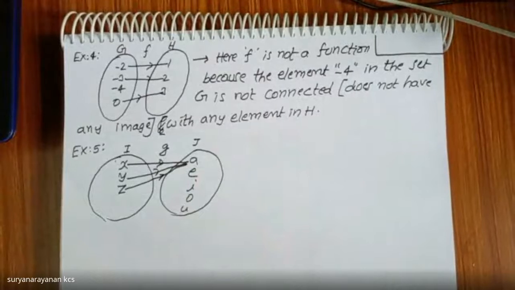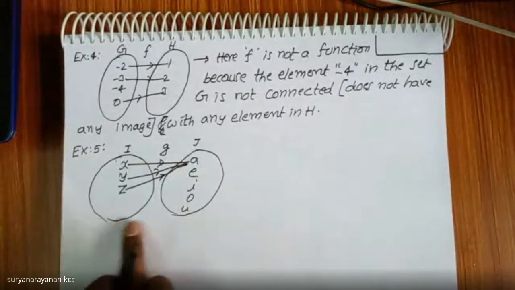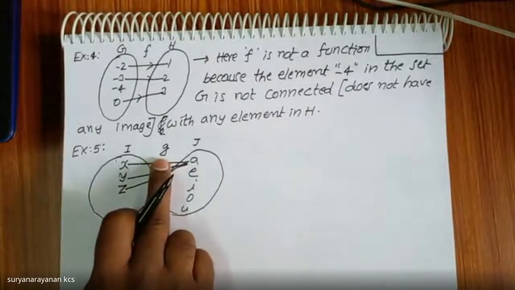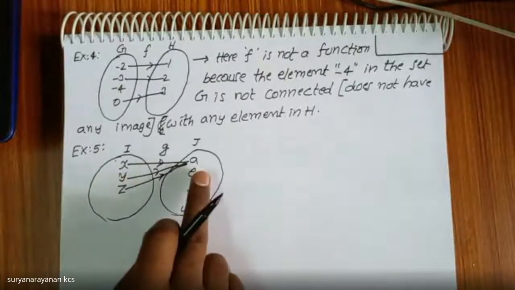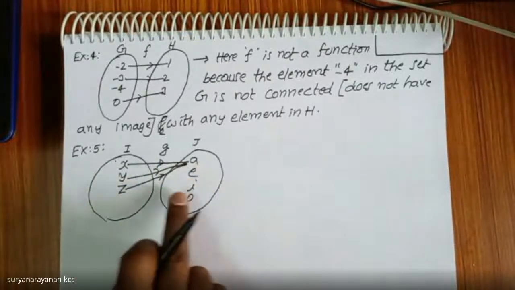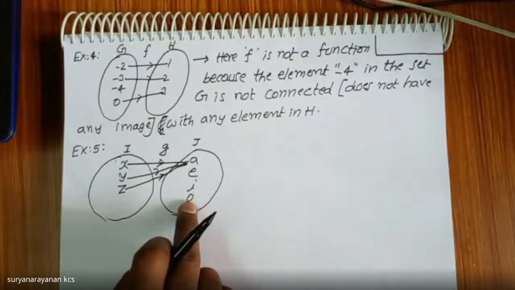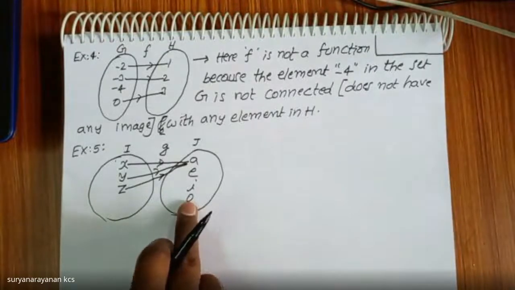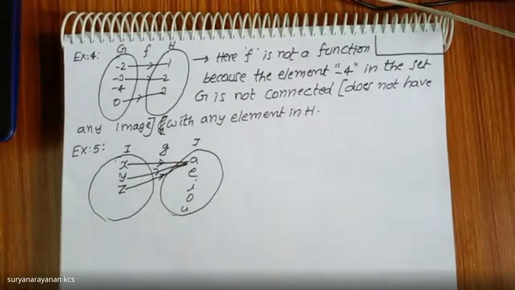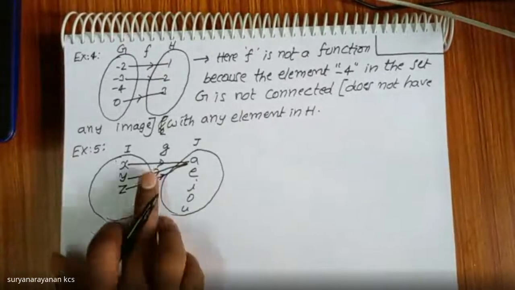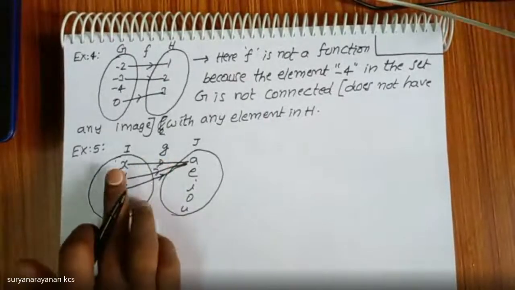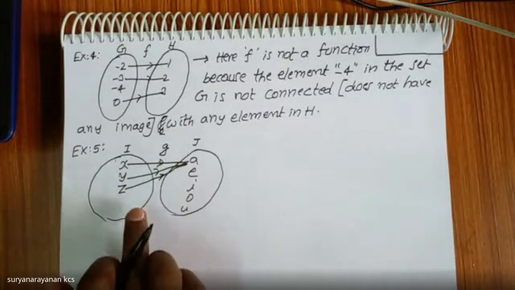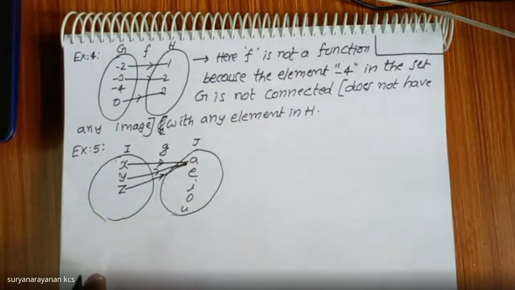Now observe this arrow diagram carefully, my dear children. Here G is a relation defined from set I to set J. Is this relation a function or not? And justify your answer. Is this relation G from I to J a function or not? Justify your answer.